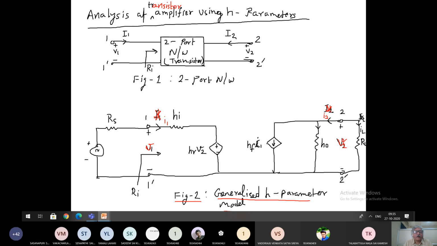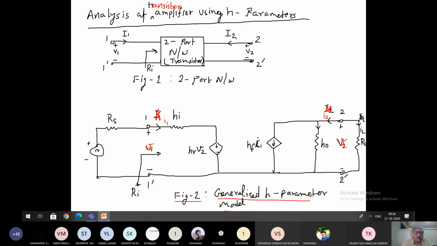Then we will calculate Ri, input resistance.